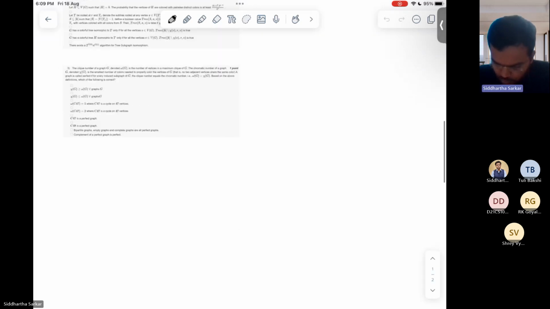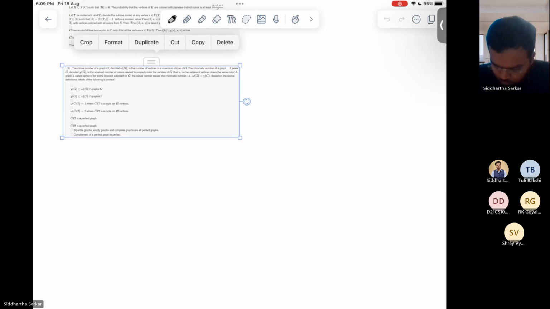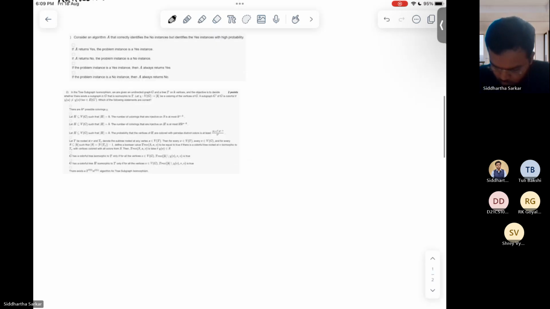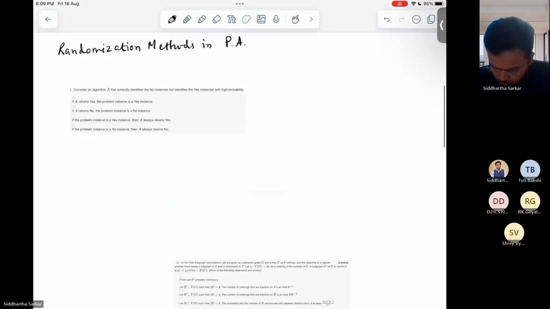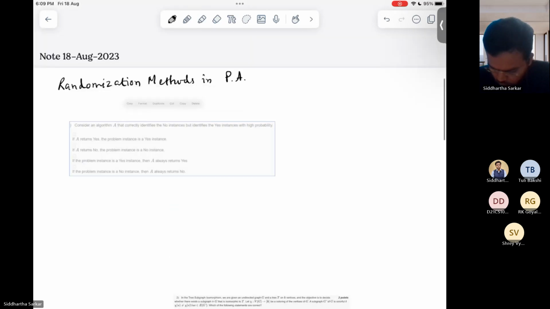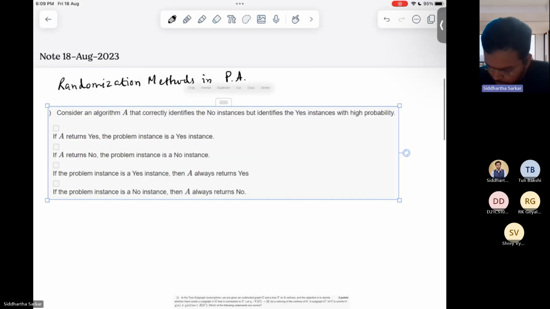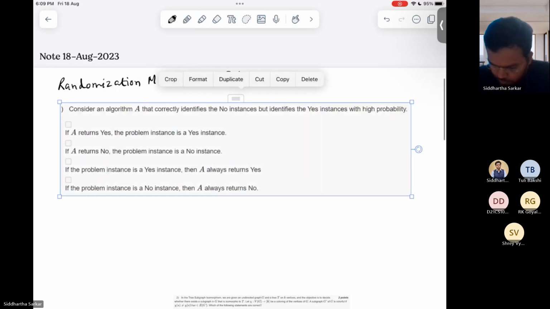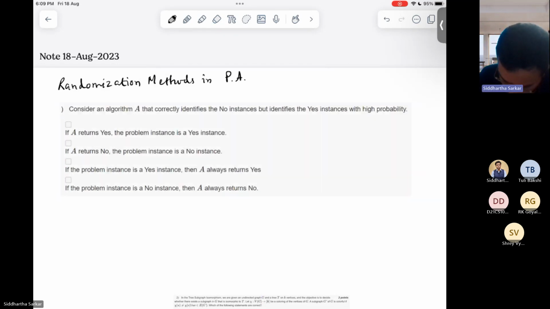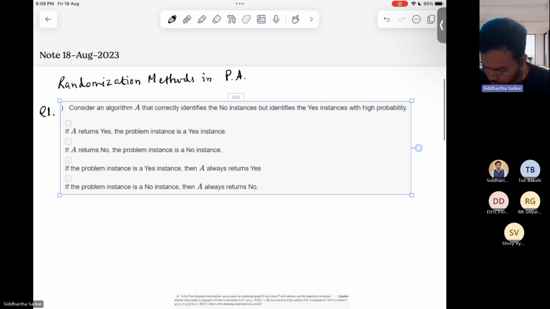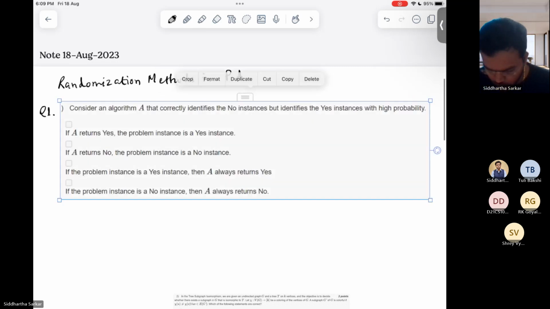I'll make some space. This is the first question, question 1. You're able to see the question, right? Or shall I make it slightly bigger?